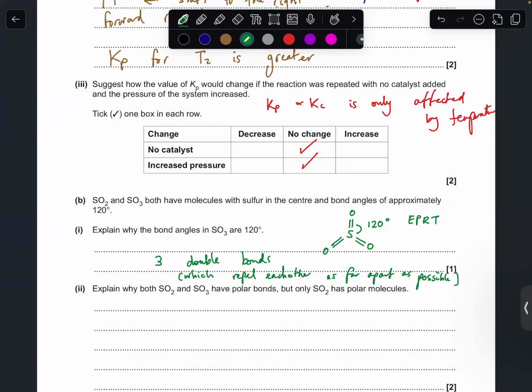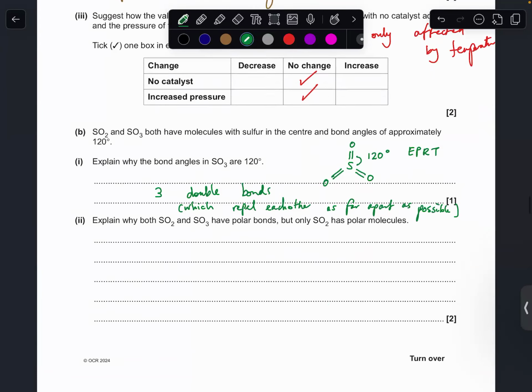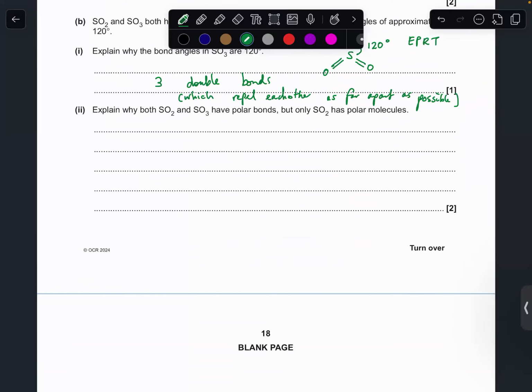Explain why both SO2 and SO3 have polar bonds, but only SO2 has polar molecules. To get a visual, let's draw these out. You see, SO2 looks like this. Got a lone pair on the top.